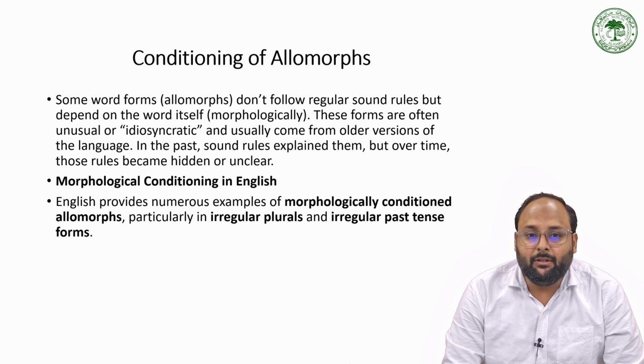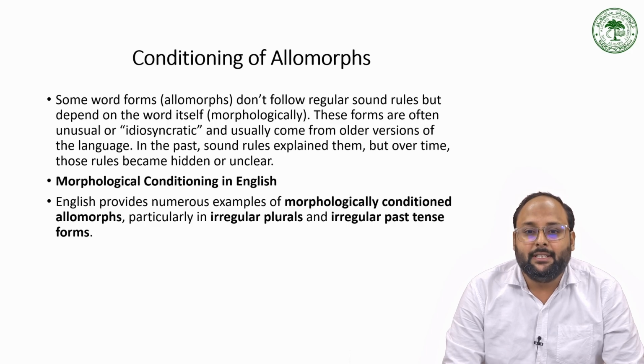So they are unusual in the language. So in the past, we have the example of go and went, and in the plural, we have examples like man into men, ox into oxen, child into children. So these forms are morphologically conditioned. So there is no phonology involved.